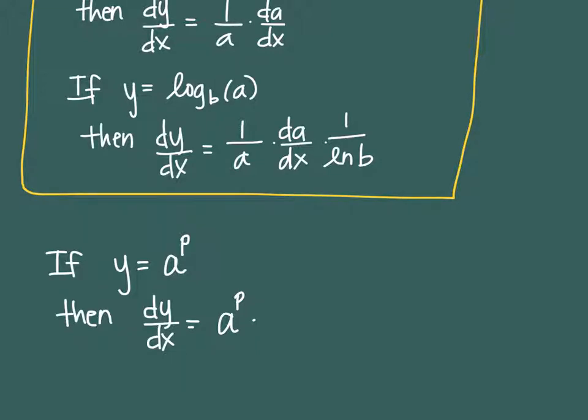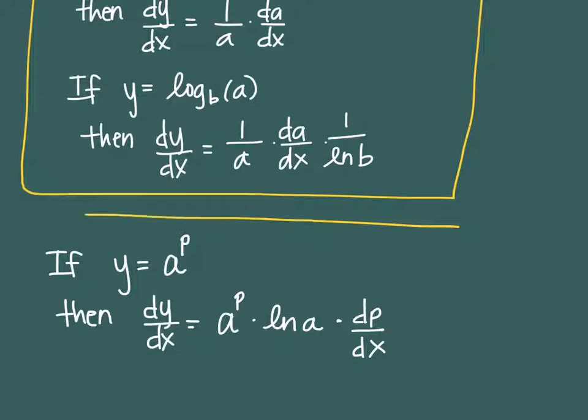Then what comes next? The natural log of whatever the power is. No, not of the power. Natural log of a, whatever a is. And then dp/dx, the derivative of the power. So the a to the power itself, then the natural log of a, which is the base, and then dp/dx. So that's the rule for exponentials.